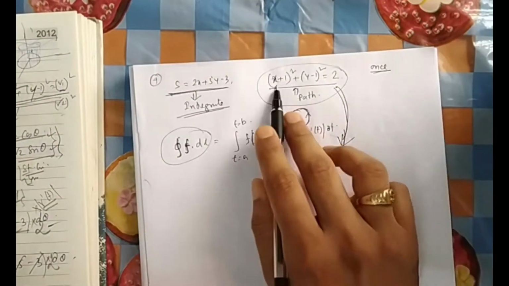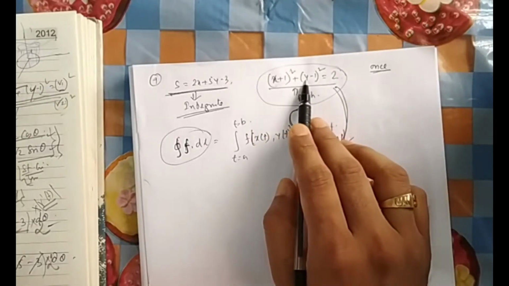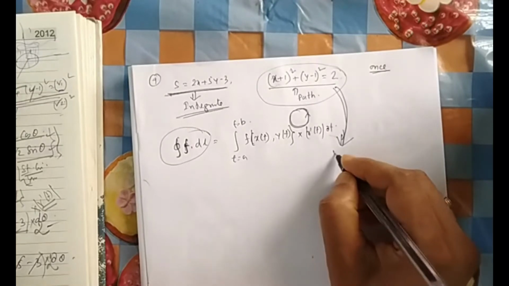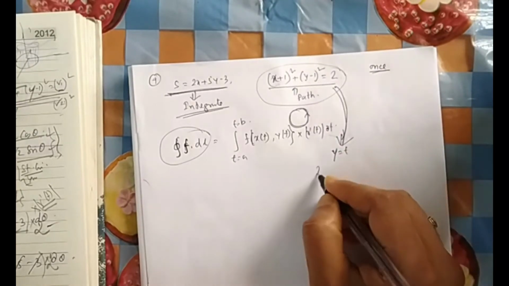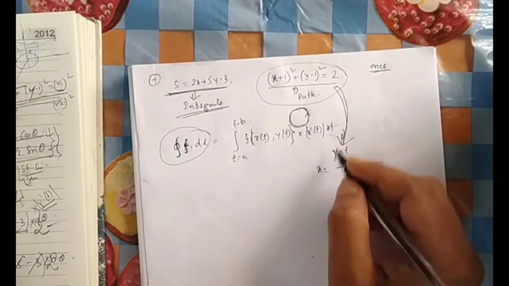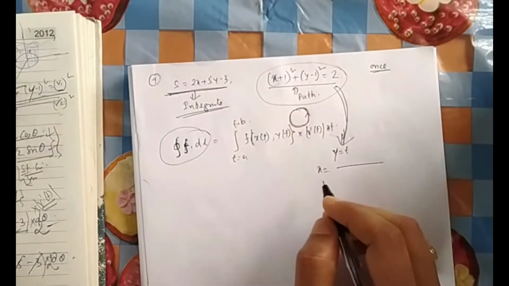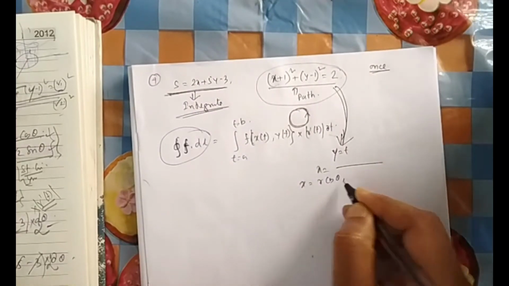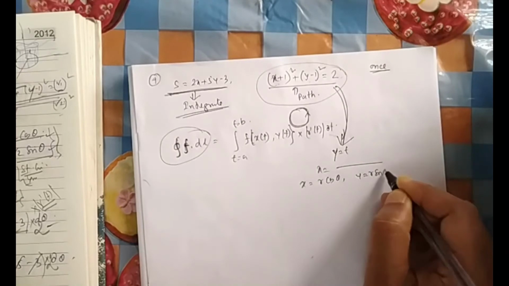So for a circle you can take any value. If you take y equal to t, then x will be some expression of t, but that will be quite a big expression. So for a circle, these are the common standard format: x is always r cos theta and y is equal to r sin theta.